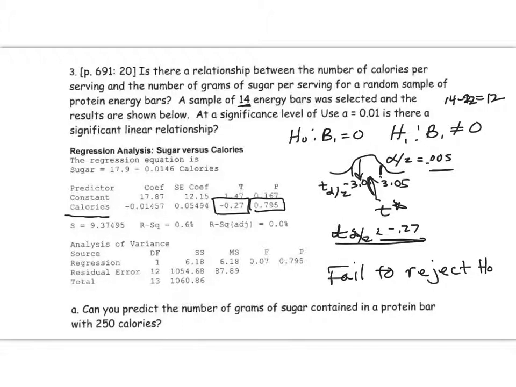So we cannot predict the number of grams of sugar in a protein bar with 250 calories because we don't have a reliable way to do that.